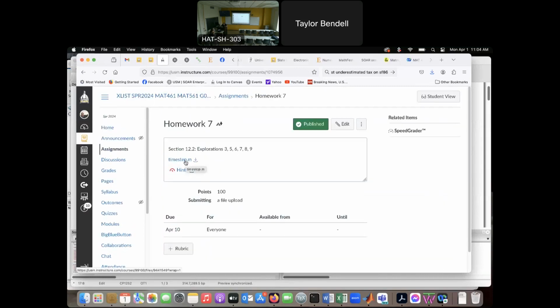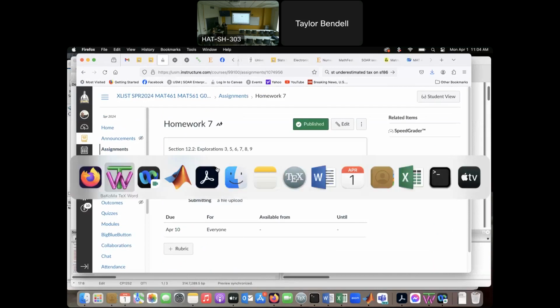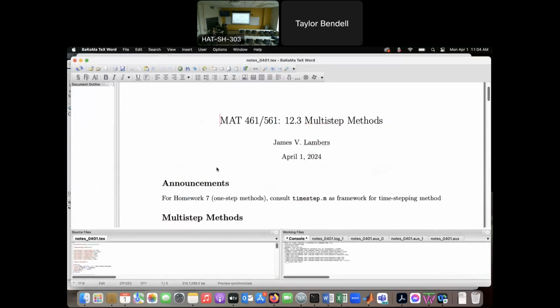Oh yes, it is there. So if you take a look at that, you can use that as a framework for implementing one-step methods in general, whether a lower order method like Euler's, or a higher order one like RK.